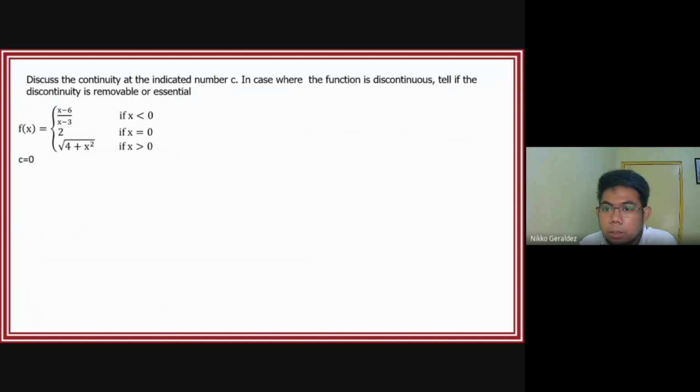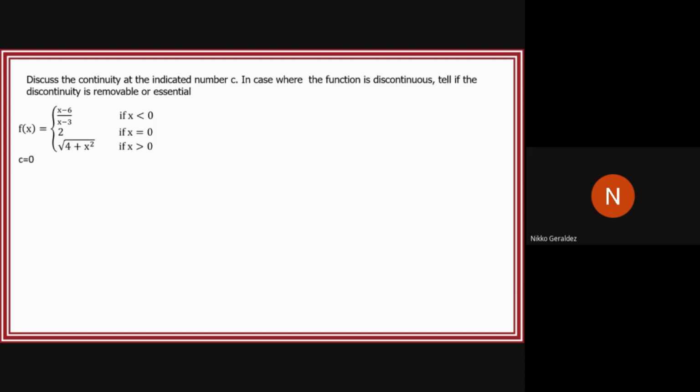So, last example. f of x is equal to x minus 6 over x minus 3 if x is less than 0, 2 if x is equal to 0, and f of x is equal to the square root of 4 plus x squared if x is greater than 0. First, f of c.